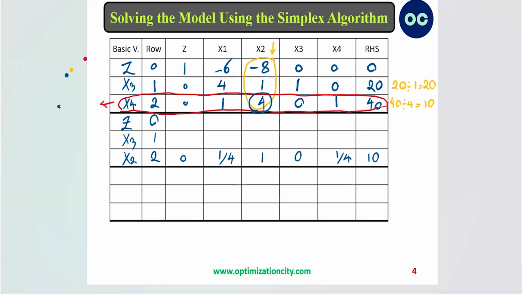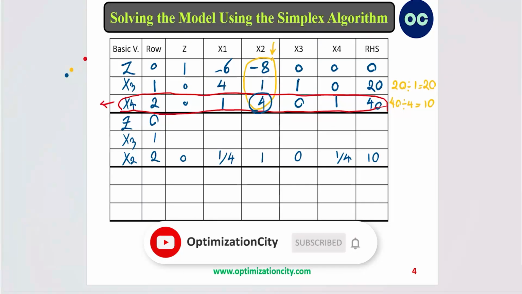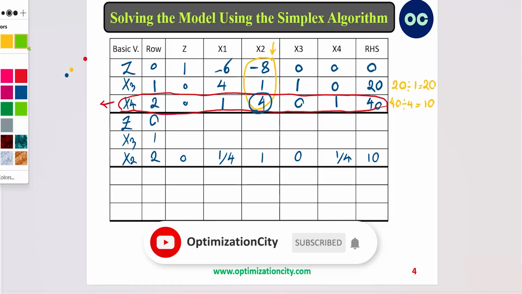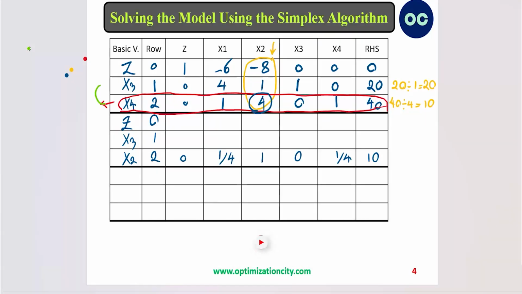Okay, so use the row operation to eliminate x2 from the other row. It means we need to multiply row number 2 by minus 0.25 and add to row number 1.